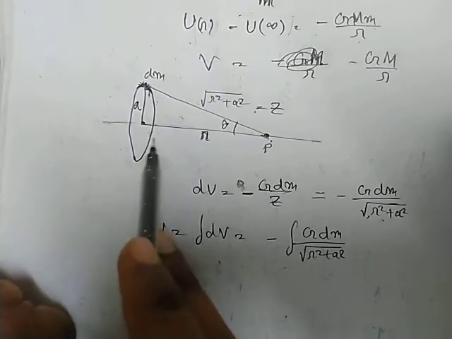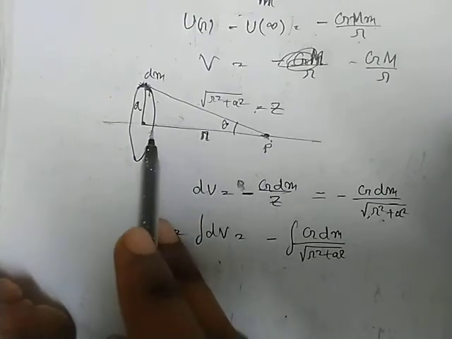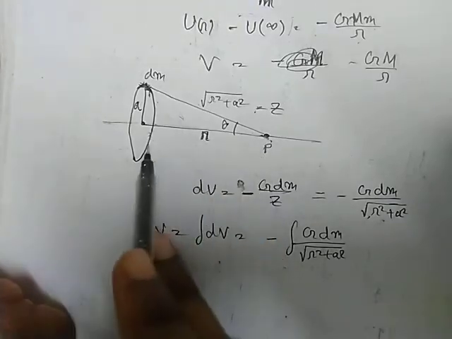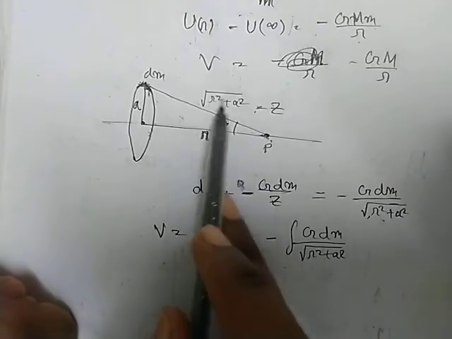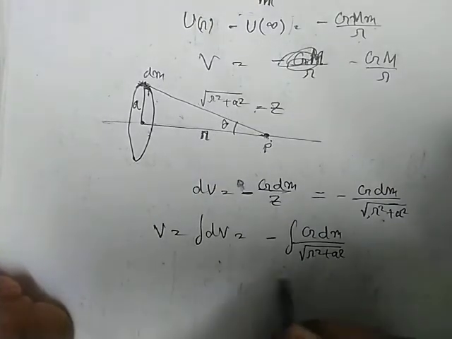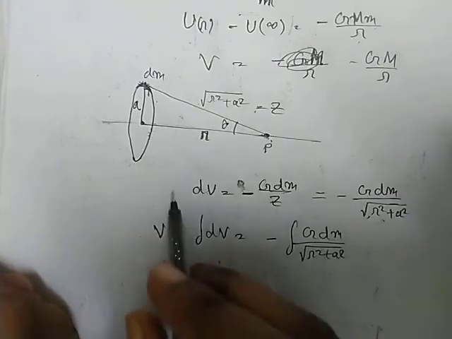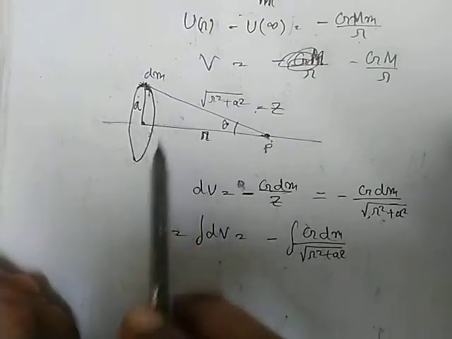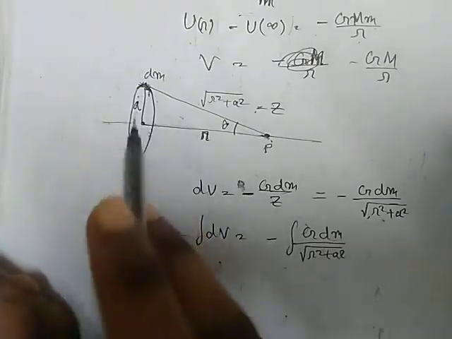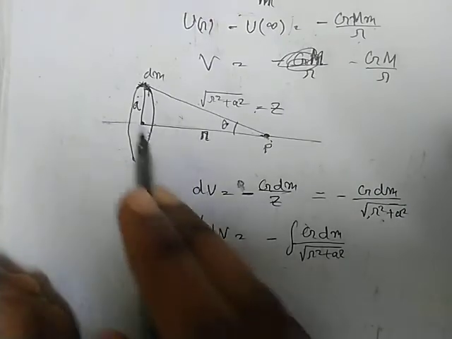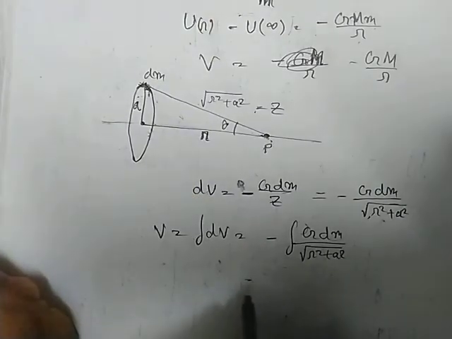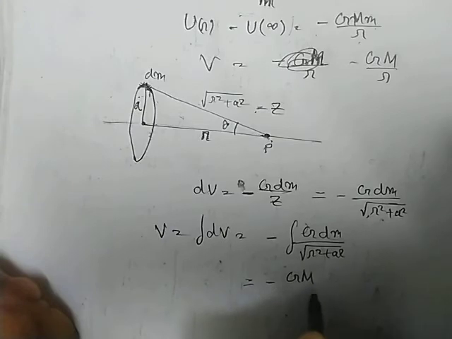If you consider dm here, the distance from this point to this point would be the same as this root r square plus a square. So the only thing that the integration is over is this dm, and if we integrate dm over this whole ring, that gives us M, the mass of this ring. So that gives us minus GM by root r square plus a square.